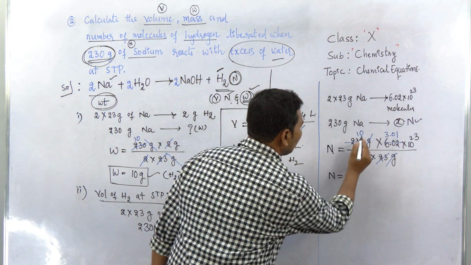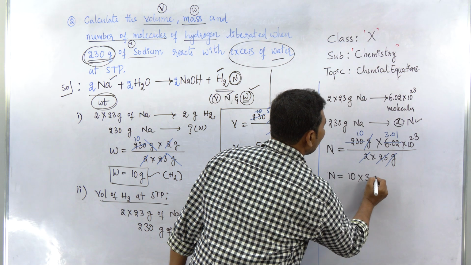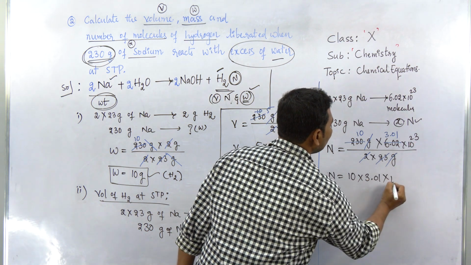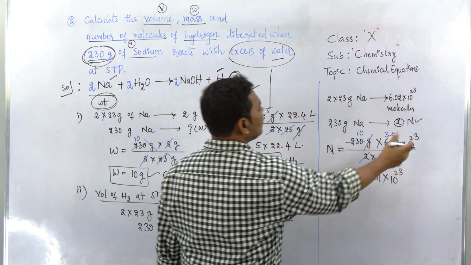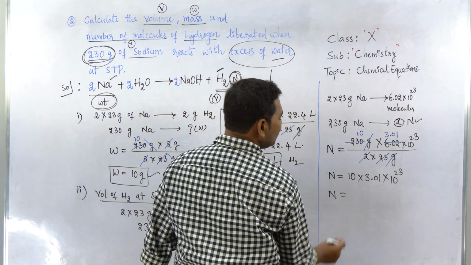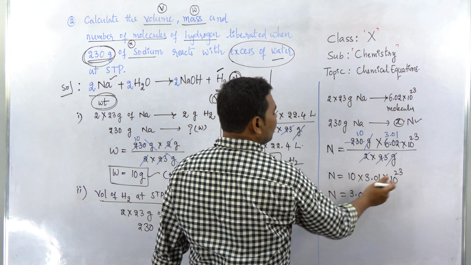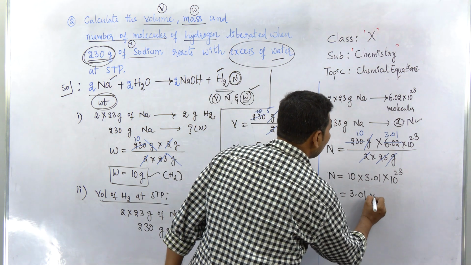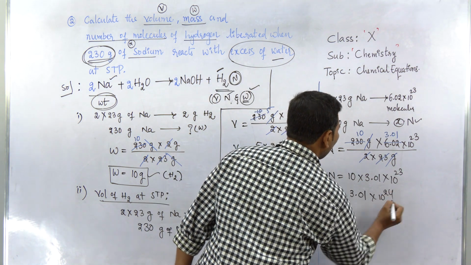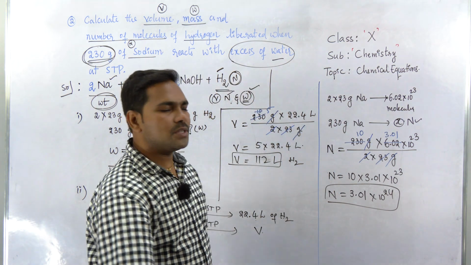Now let us write the remaining quantities. N is equal to, what is left here? 10 is left, into 3.01, into 10 to the power 23. Is any other unit remaining? Nothing. So N is equal to 3.01 into 10 to the power 23 into 10, which is 10 to the power 24. What is N? The number of molecules of hydrogen liberated.